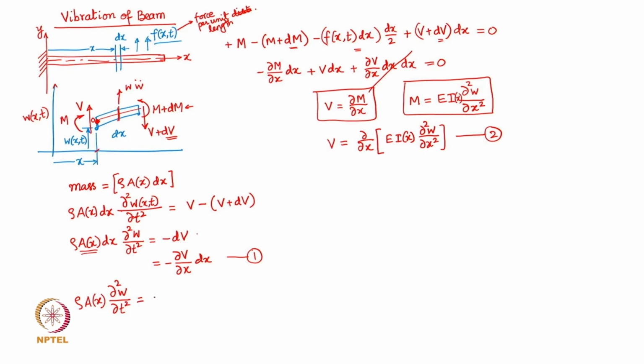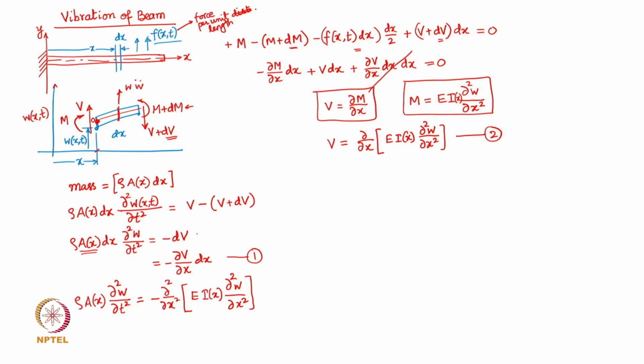If I substitute that in here, it becomes minus dou 2 by dou x square of E Ix dou 2w by dou x square. So now this actually is your governing equation of motion.